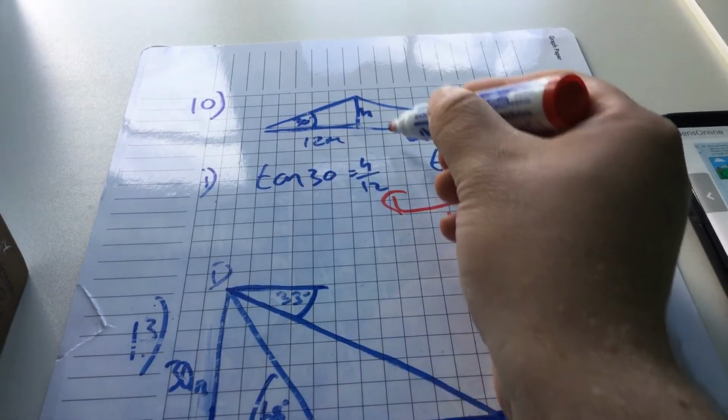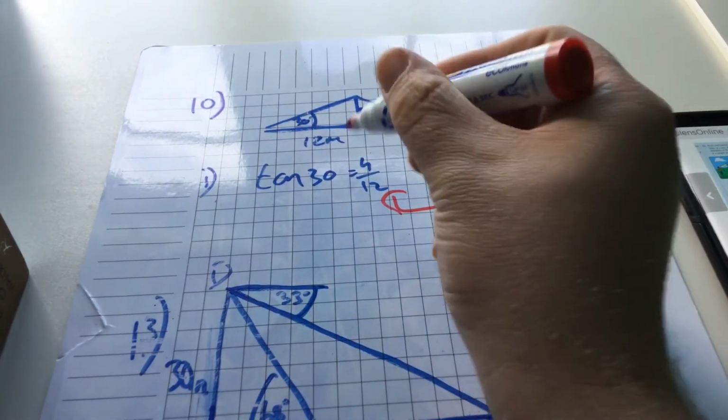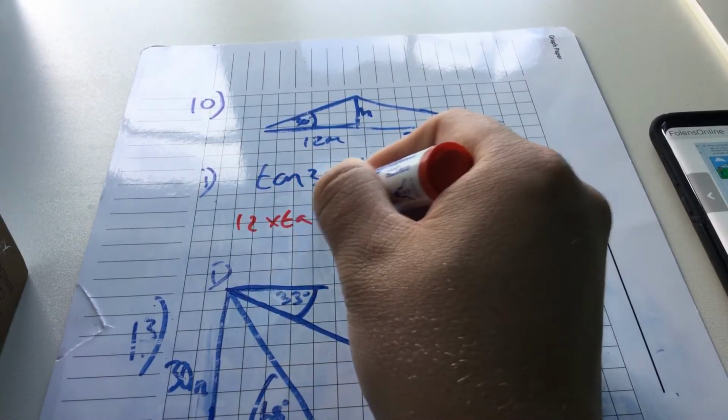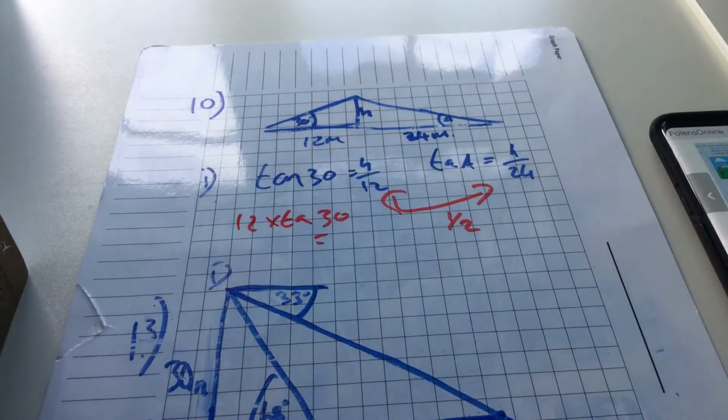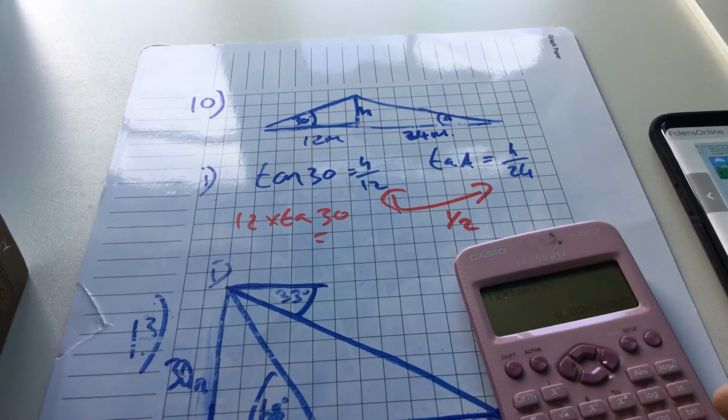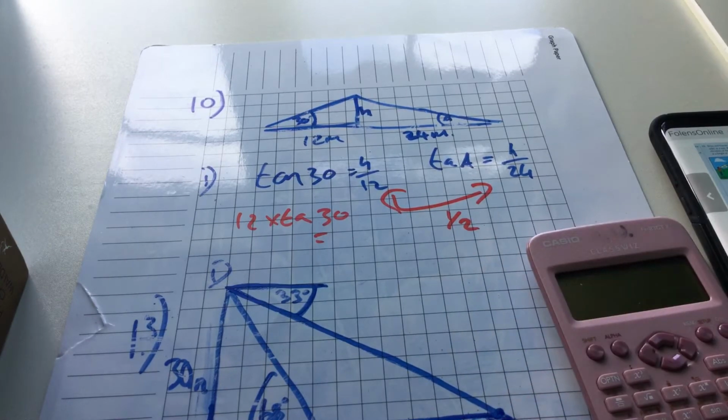Now, if you want, you can find the height here from part 1. Multiply across by 12. 12 times tan 30. Sorry, get my calculator. Put it back in degrees. 12 times tan 30 is 4 root 3, which is 6.92.